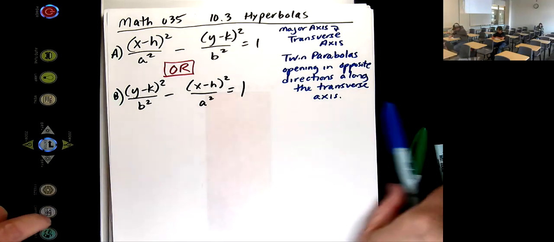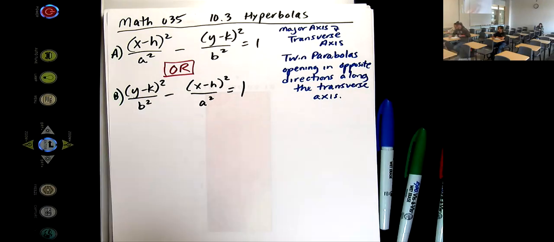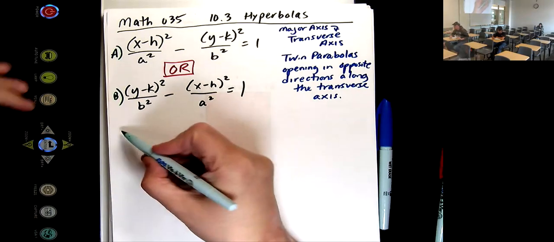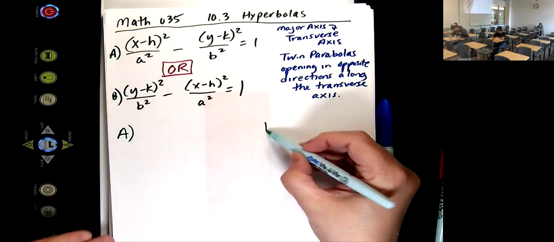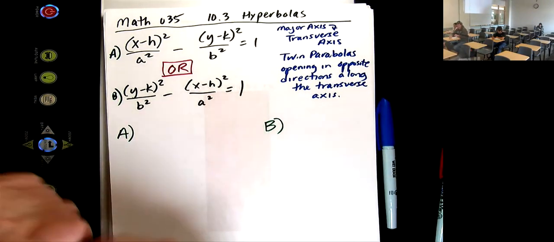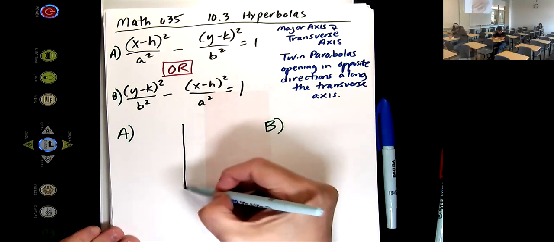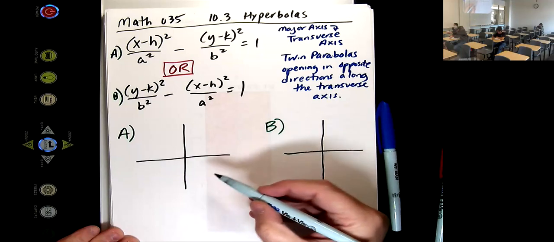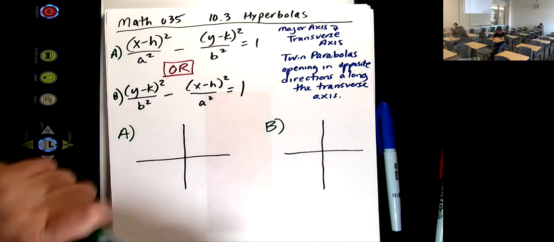So before I dive into the details, just to give you a picture of what's going on here, A's setup and B's setup. Both of these will be centered at the origin.